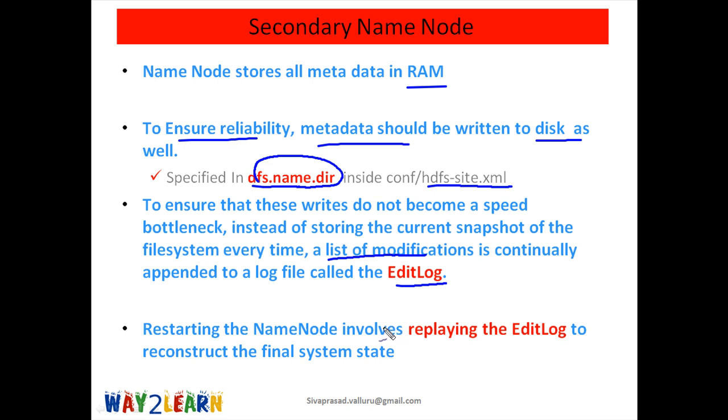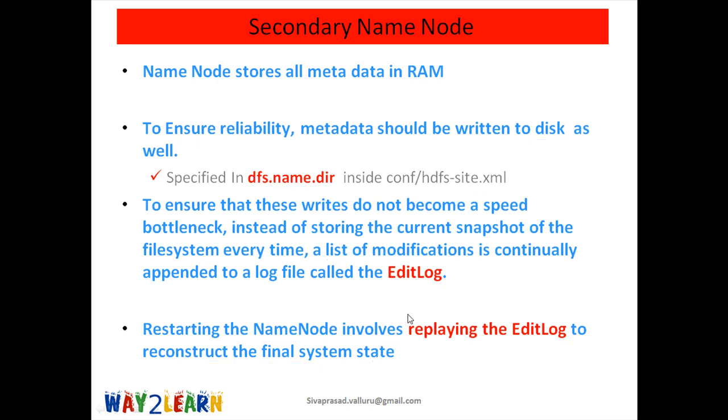Whenever name node is restarted, automatically fs image and edit log is replayed on the fs image, and the name node will be able to reconstruct the whole metadata again.